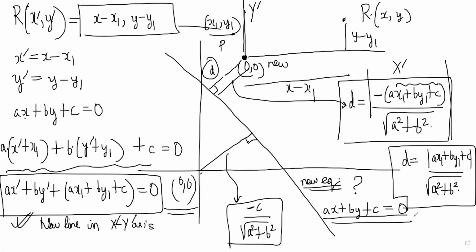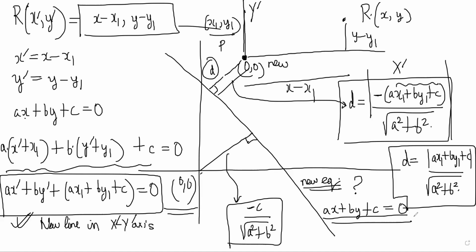Therefore, I will shift my origin to that point and I will get a new equation of the line, which will be different from the earlier equation, right? How did I get the new equation? We know that any new point in the x dash y dash axis, x dash will be equal to x minus x1, y dash will be equal to y minus y1.